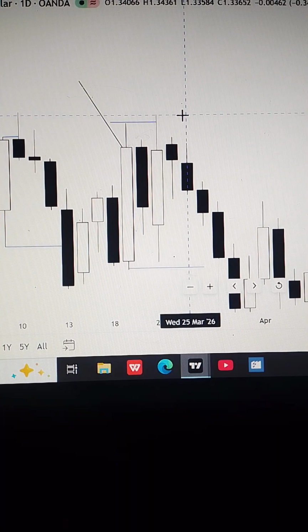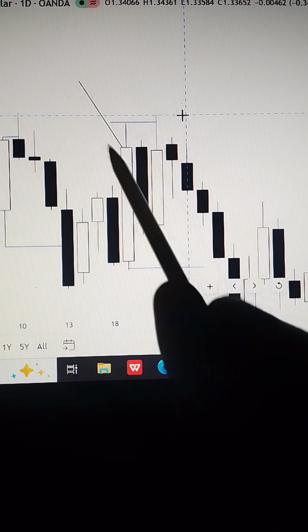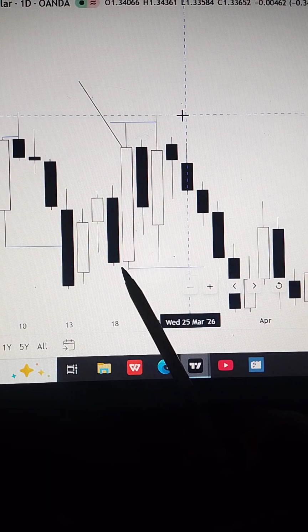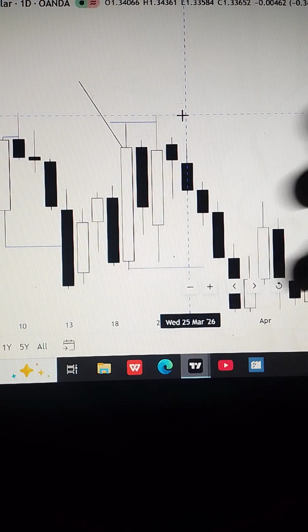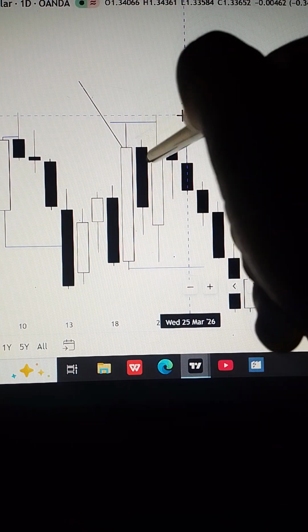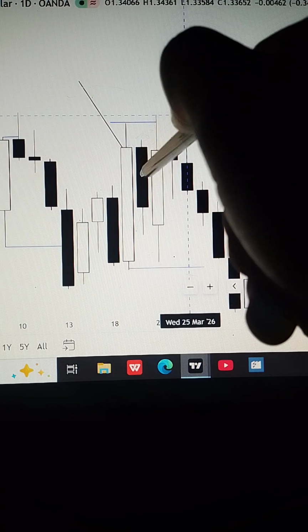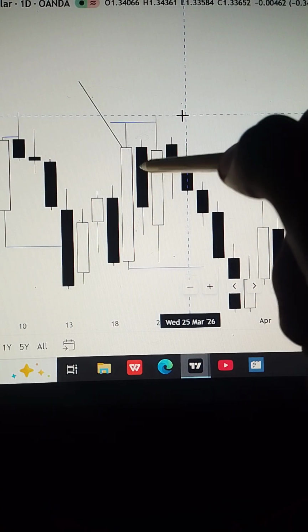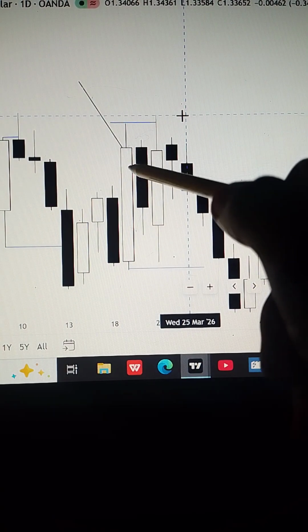The next candlestick did not take the low or the high, and it didn't close above or below the previous candlestick. So this market is a consolidation, when you scale down to a lower time frame.